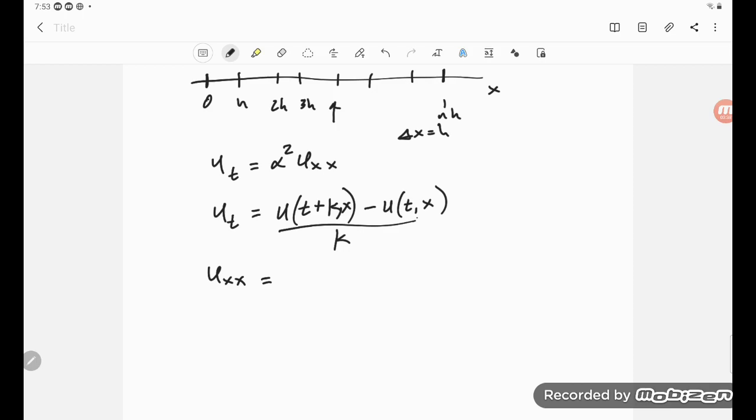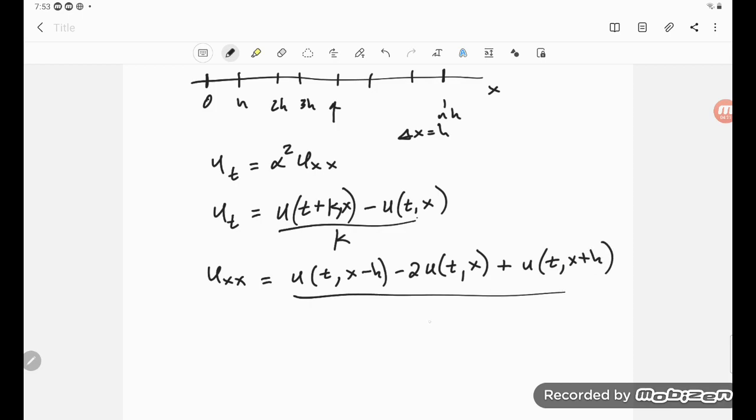Now our second partial with respect to x, at time t, we would have u of t and x minus h, minus 2 u of t and x, plus u of t and x plus h, all over h squared.